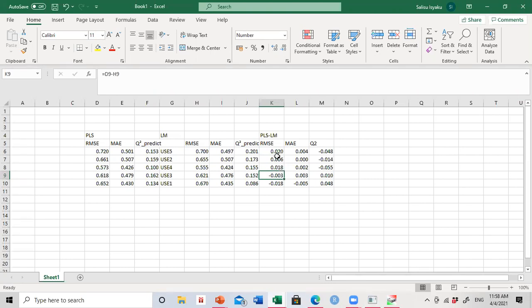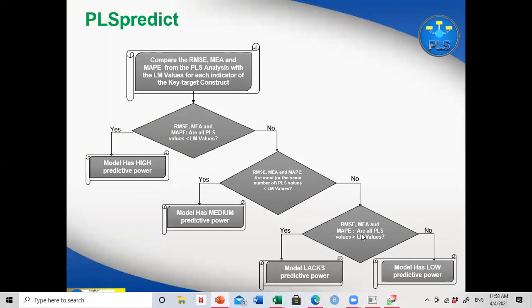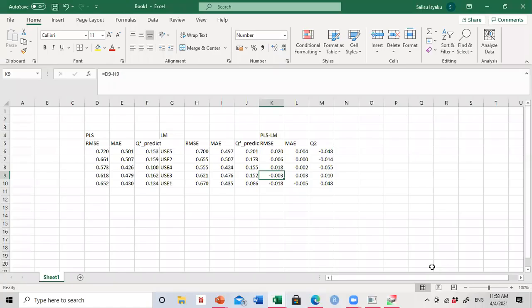So 60-40, that means we now go for low predictive power. We don't have most of them. Only two of them are satisfied, so not most of them.